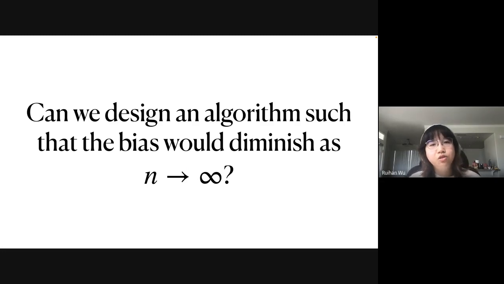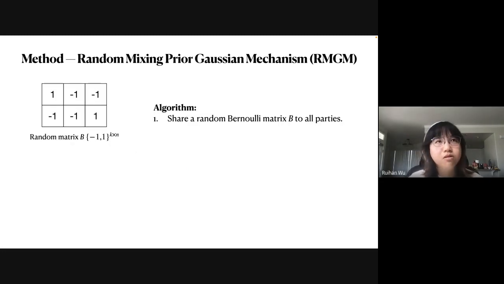Okay, then I'm going to introduce our main algorithm. First, we share a random Bernoulli matrix B, with entries 1 and minus 1, to all parties. They have probability half and half.